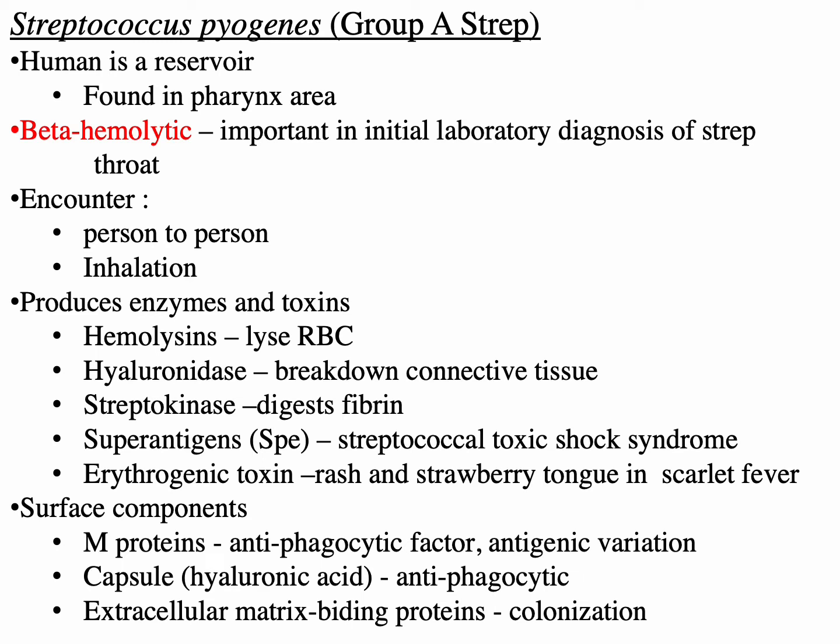So just get the idea that these organisms produce a whole bunch of different enzymes and toxins. Enzymes lyse cells, toxins provide some of the symptoms, and surface components help them to colonize. So these two organisms, Staphylococcus and Streptococcus, are equipped with all these important virulence factors.